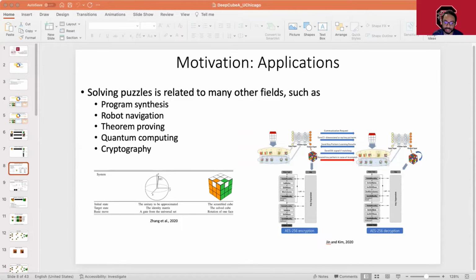For program synthesis, I may want to find a path in the space of programs that is going to write a program that accomplishes some task. And then in robotics, I may want to find a path to manipulate an object, or to assemble an object, or to move around a room. So these pathfinding problems are seen throughout robotics, mathematics, and the natural sciences.